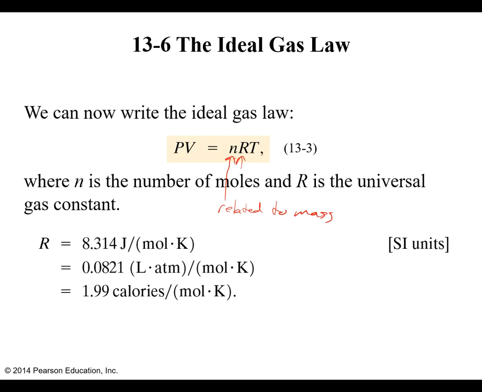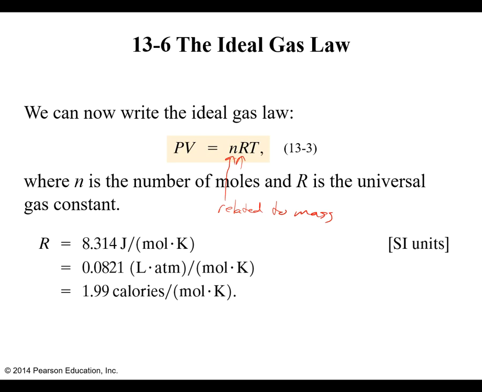So n is the number of moles, R is the universal gas constant, and the value of this constant depends on the units you use. Standard units that we use in this class would use joules, and so the number would be 8.314 joules per mole Kelvin. Likely you learned the second number in your chemistry class if you took one already. That number is 0.0821, and the units would be liters times atmospheres per mole Kelvin.